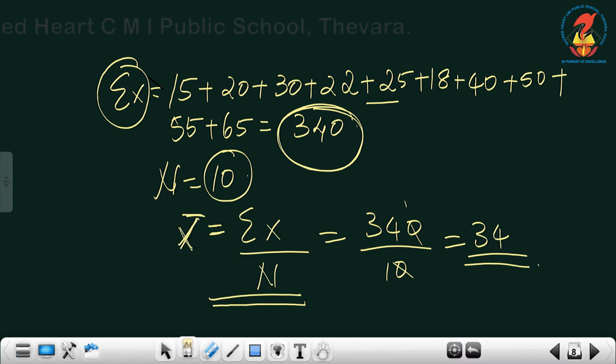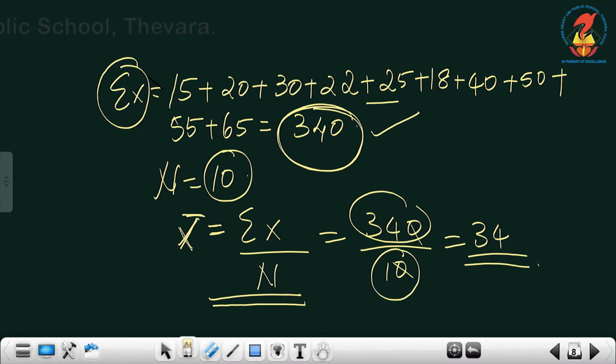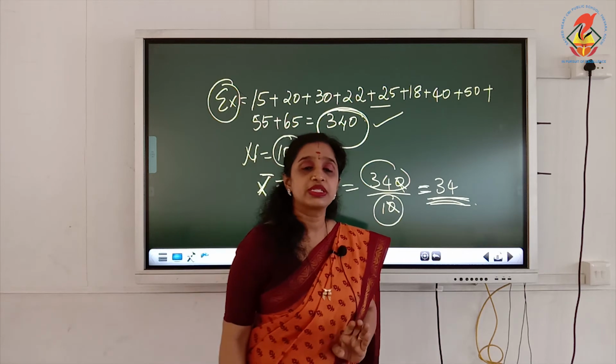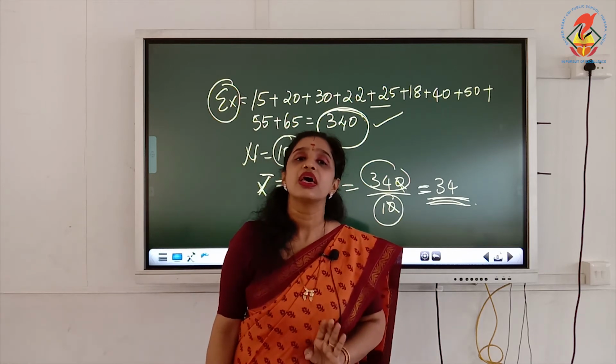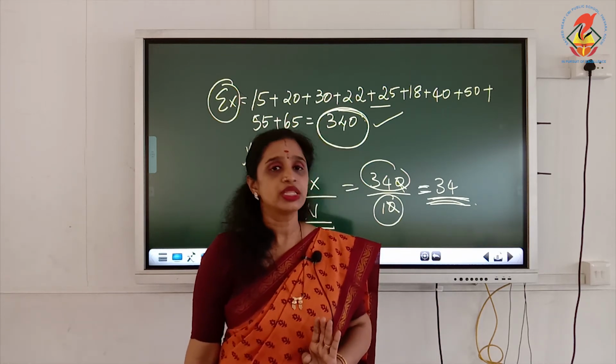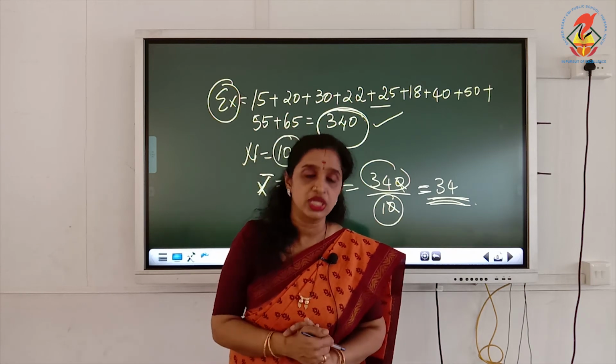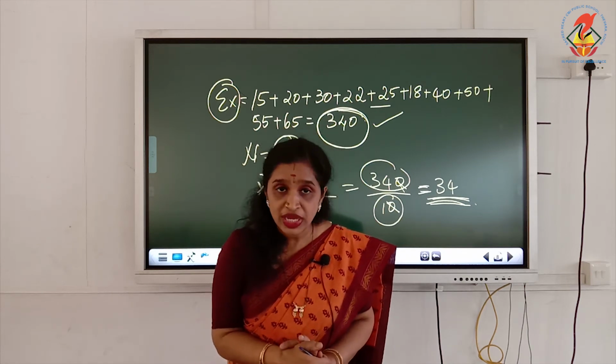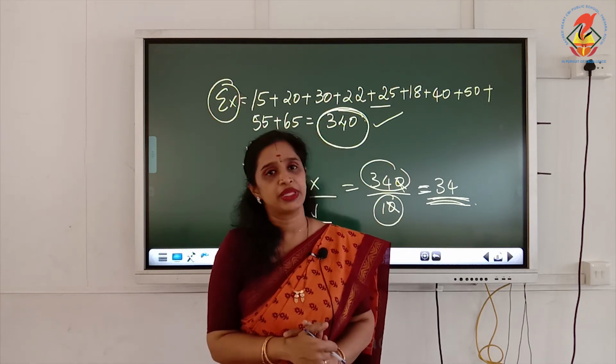You know sigma x is 340, divided by number of observations 10. So you will be getting the answer as 34. So the single value which is representing this statistical series is 34. That is the way we find out the arithmetic mean in an individual series using direct method.